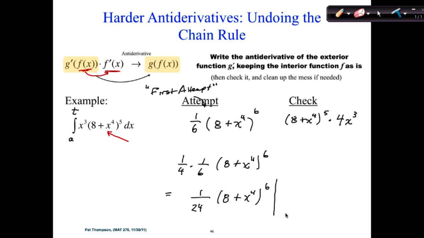You can put now on the right side, you can put a bar with your limits like this, and that's what that means. That means plug T in, plug A in, and subtract. So then we're finishing out the fundamental theorem.